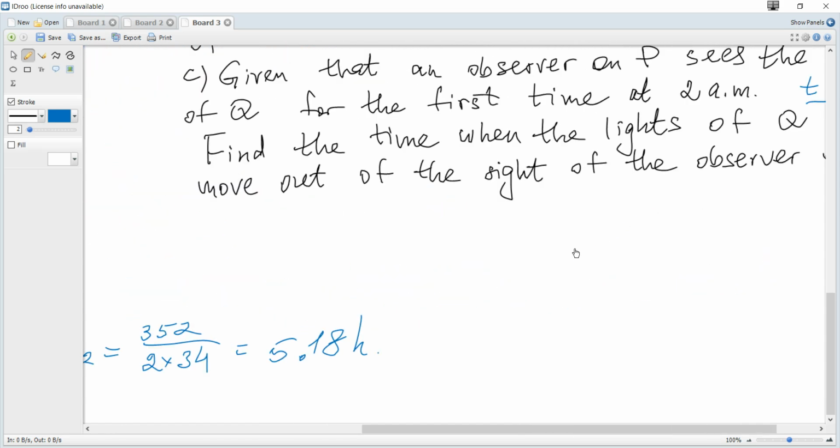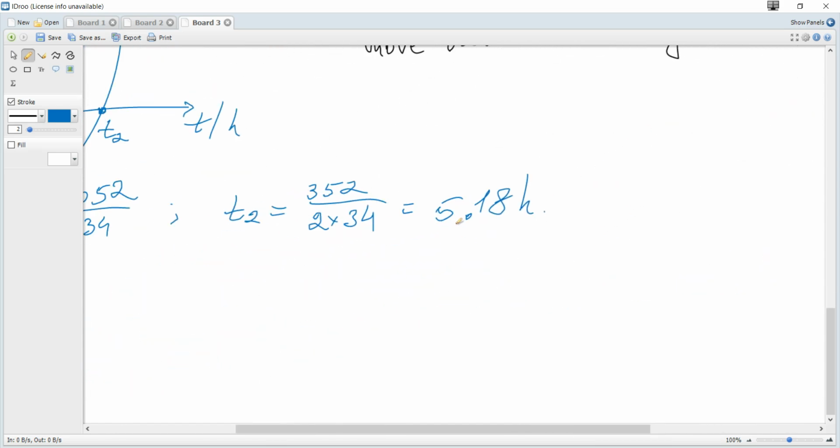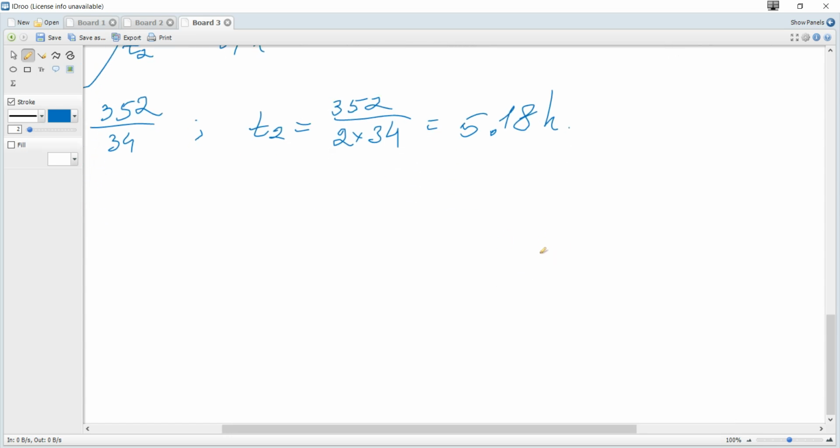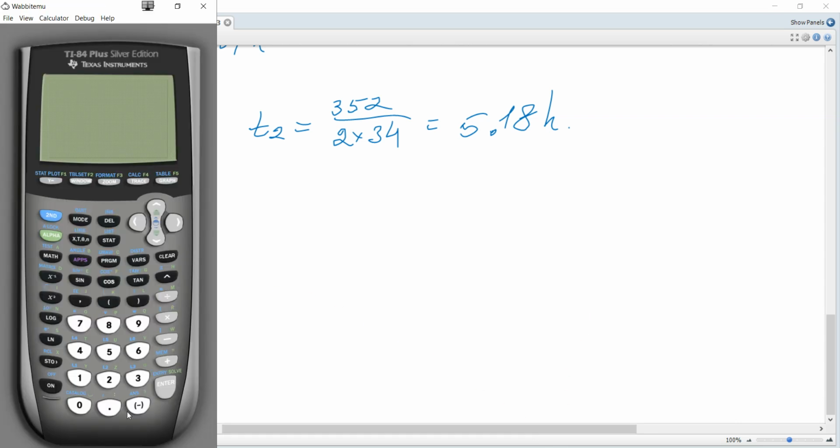To get the time we need to convert 0.18 hours into minutes. How to do that? Just multiply by 60 to get 10.8 minutes, but if we round it to the nearest whole minute, it becomes 11 minutes.